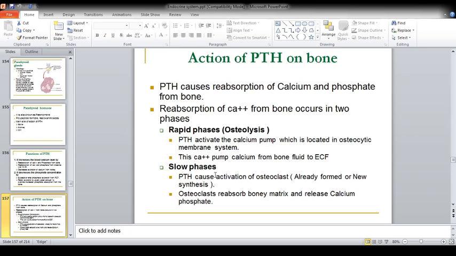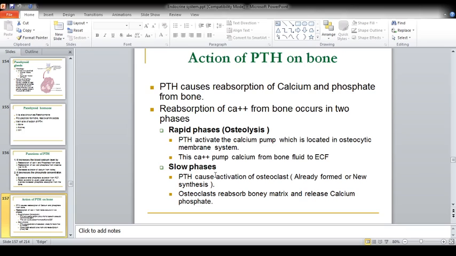Parathyroid hormone activates the calcium pump, which is located in the osteocytic membrane system. This calcium pump would pump calcium from the bone fluid to the extracellular fluid. Remember, the bone is made up of molecules known as calcium hydroxyapatite.